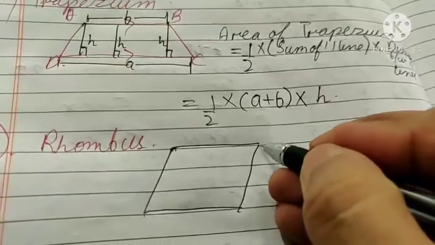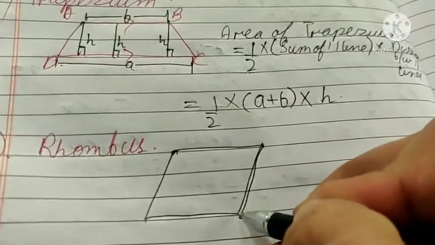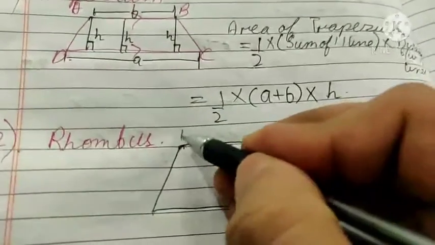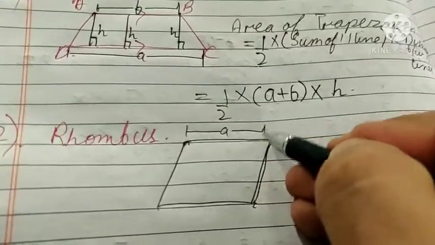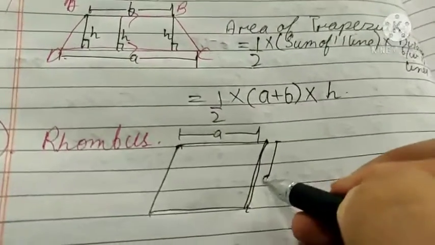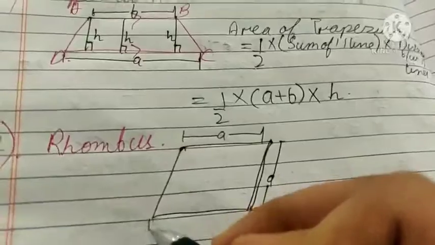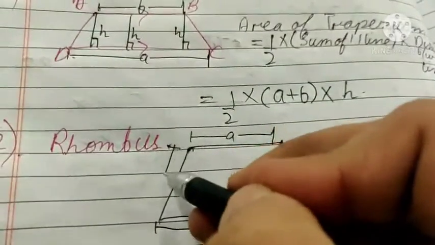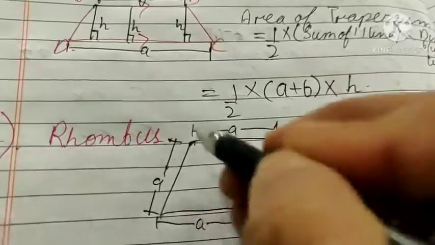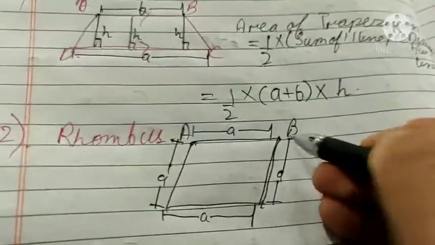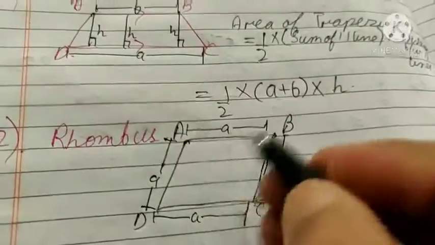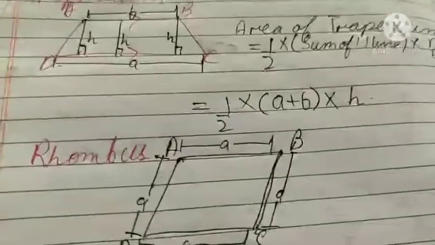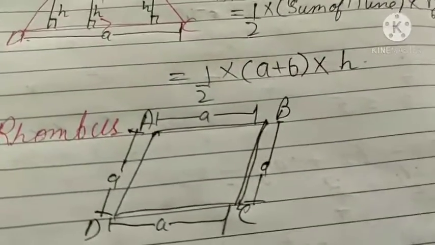Like in a square, all sides are equal. In the same way in a rhombus, all sides are equal. If this is A centimeter, this will also be A, this will also be A, and this will also be A. Means all sides have equal length.